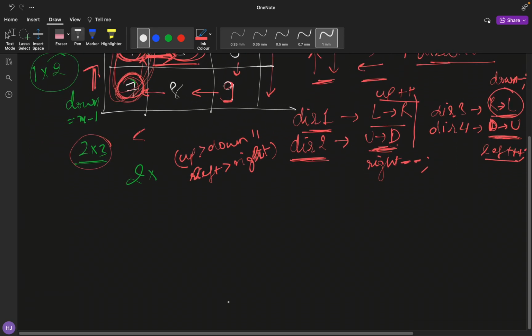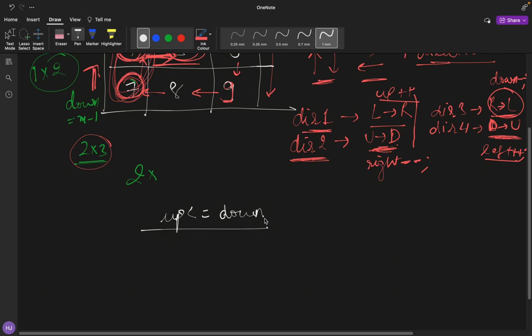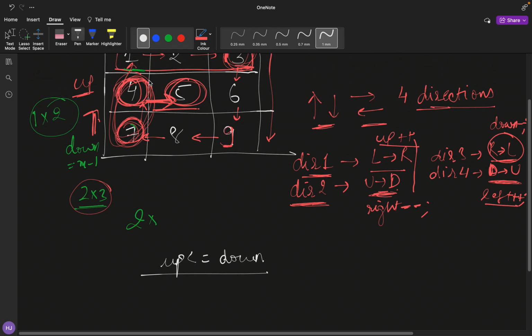So we can even assume this condition to be like this as well, that we will be traversing until the condition that up is less than or equal to down, because this condition happened again over here when I was trying to move from down to up, and also whenever left is less than or equal to right.